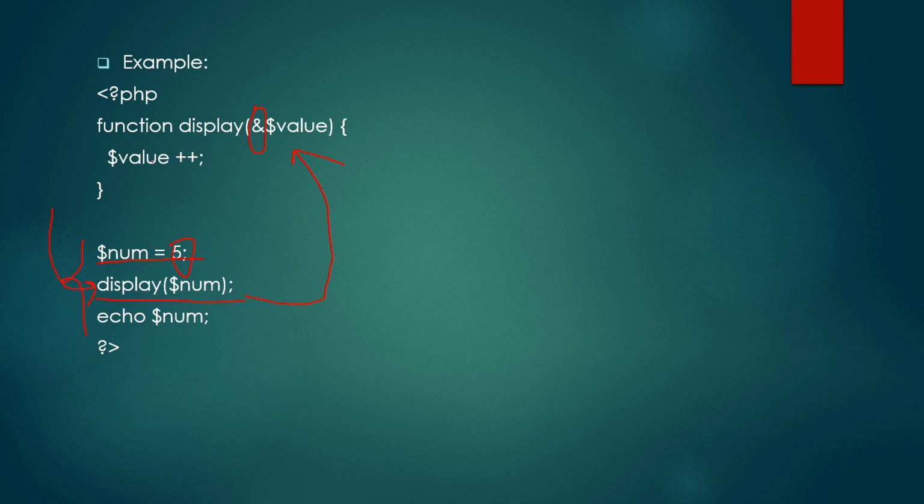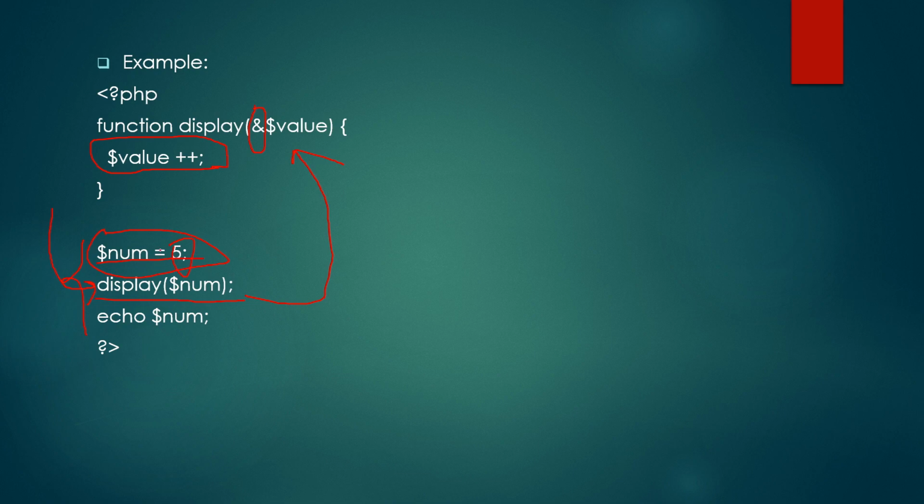So here when I increment this variable value, even $num will be incremented by 1. Means if I make any changes to this variable, the same changes will be reflected in this variable as well. So this is the only difference between passing arguments by value and passing arguments by reference. In case of passing arguments by value, when we incremented this value by 5, it did not affect this variable.